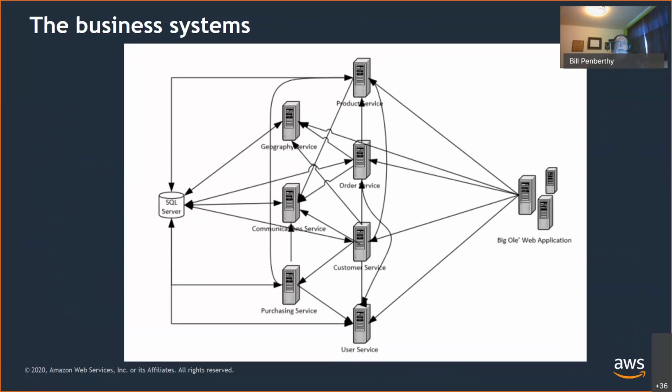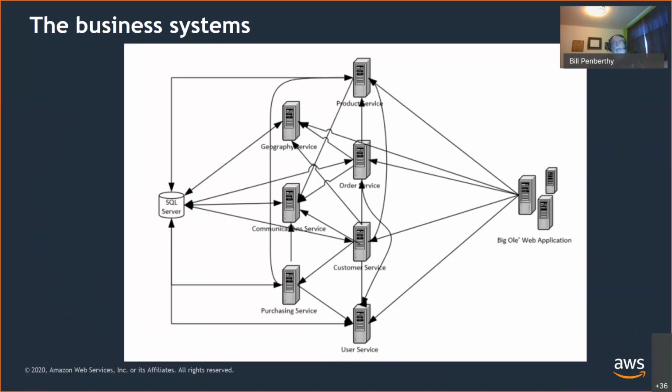What this diagram also shows is how business rules tend to get scattered amongst different areas of the system. In this case, there's some orchestration going on in the big old web app as it determines what services to call when and with what information, as well as all of the intercommunications going on within the services.